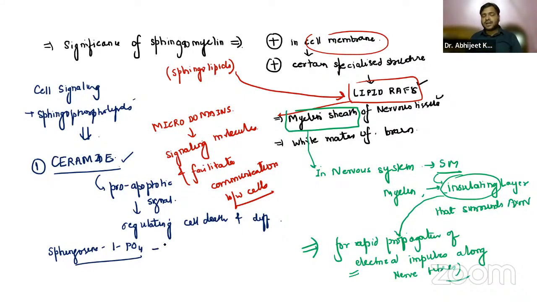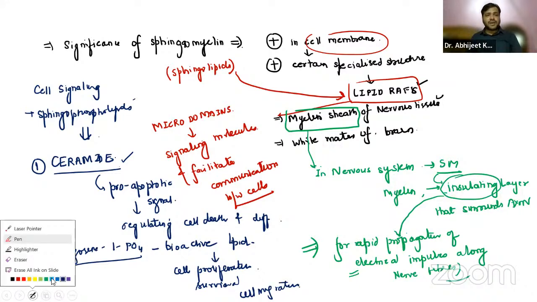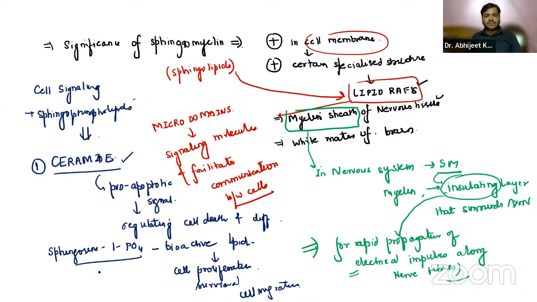It is a bioactive lipid that promotes cell proliferation, survival, and also cell migration. Very, very important. Now, sphingosine 1-phosphate, in physiology, you might have read about a receptor called the G protein coupled receptor.